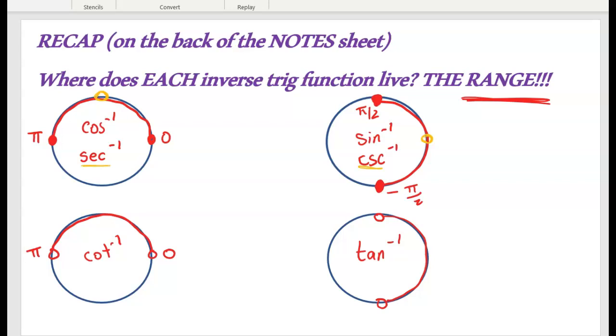So something weird happens here and here, something weird happens here, undefined. Cotangent, undefined. Secant, undefined at pi over 2, and cosecant is undefined at 0. Once again, that has nothing to do with evaluating necessarily, but we can deal with that later.